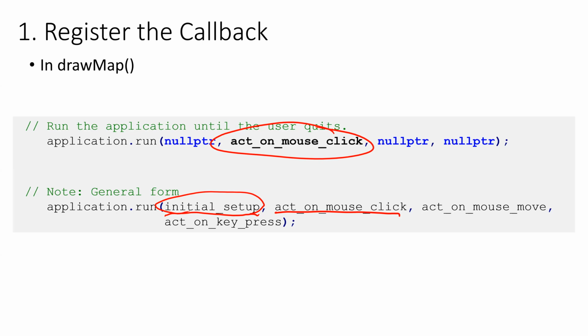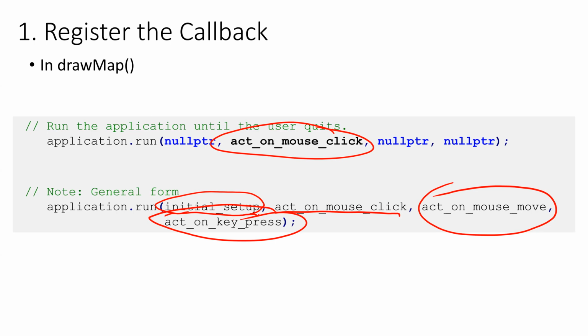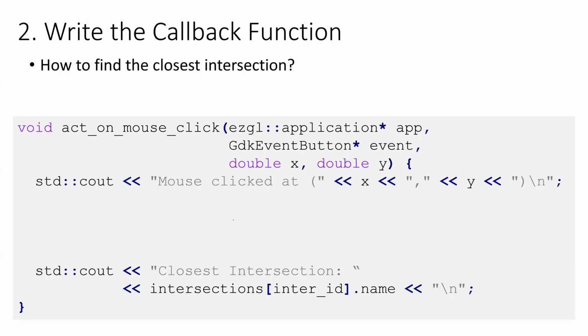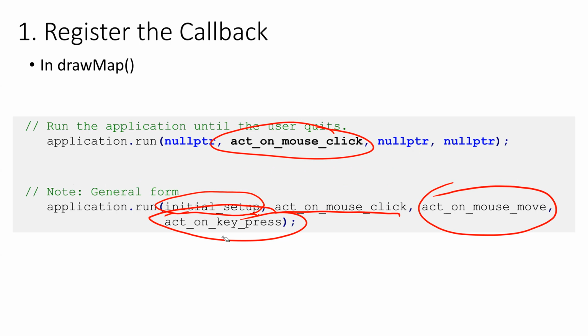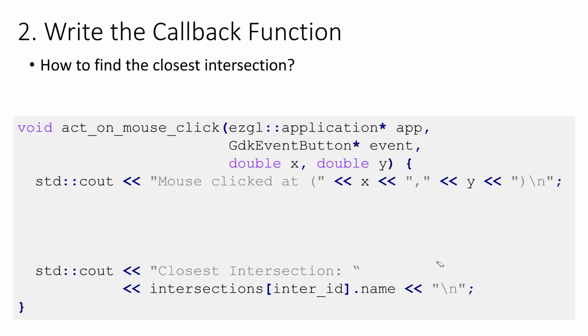There's one that gets called whenever the mouse moves, so if you want to pop up tooltips, this can be useful. And there's one when the person hits a key on the keyboard in the graphics area, where the main canvas is. You can use all 4 of those callbacks if you want, or you don't have to use them all.